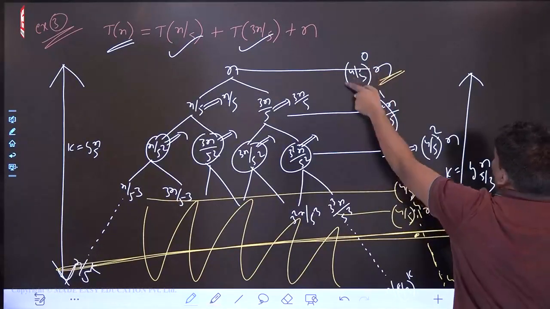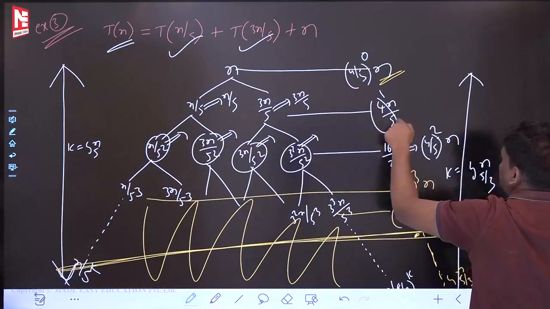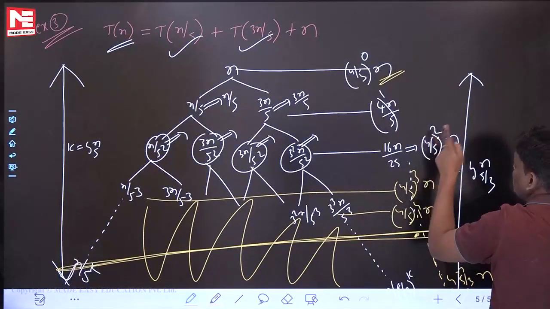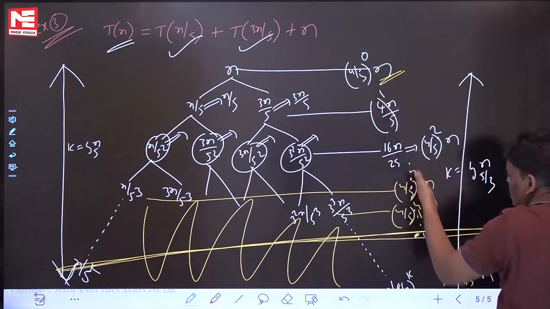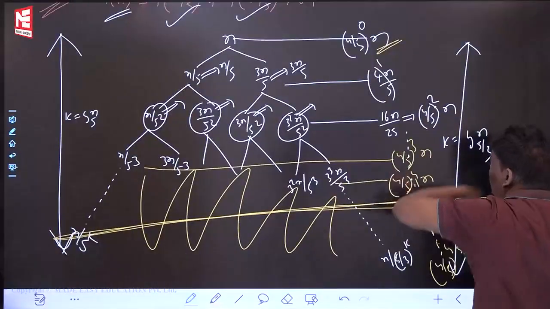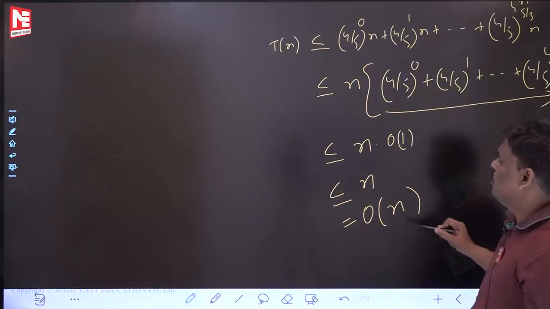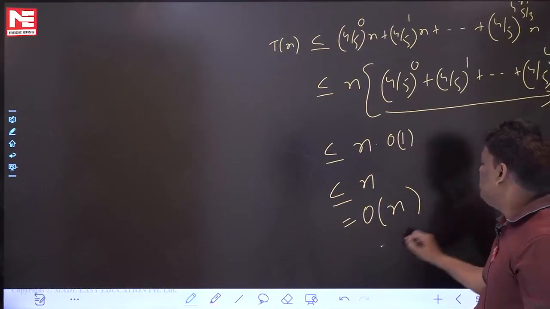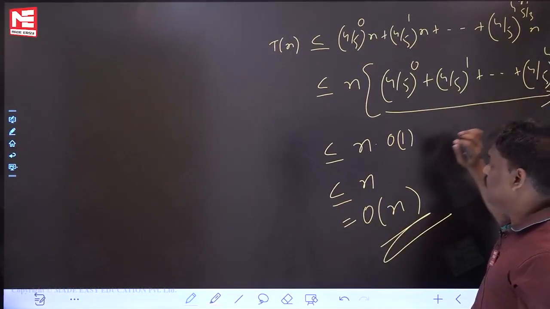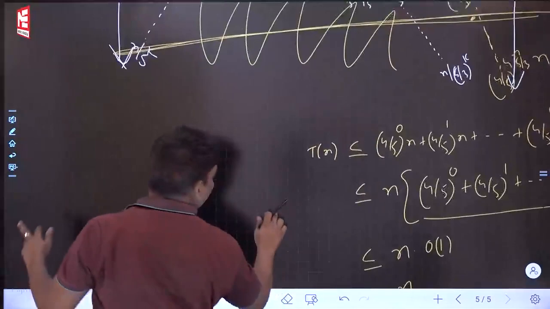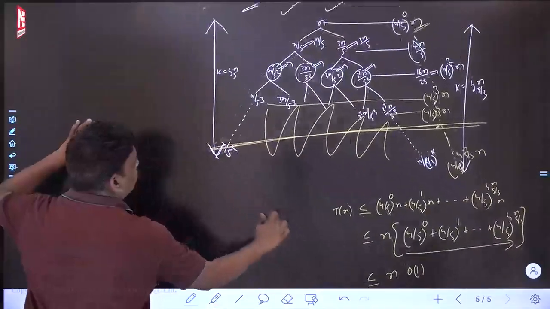It is 1n, it is 0.8n. 0.8 squared is 0.64, so it is decreasing. If you add all of them, you may get some constant times n. Please be careful. So for this problem, the upper bound is big O of n. The series is until here. Some people are asking, the upper bound is big O of n, it's okay, but what about the lower bound? Let me check here.